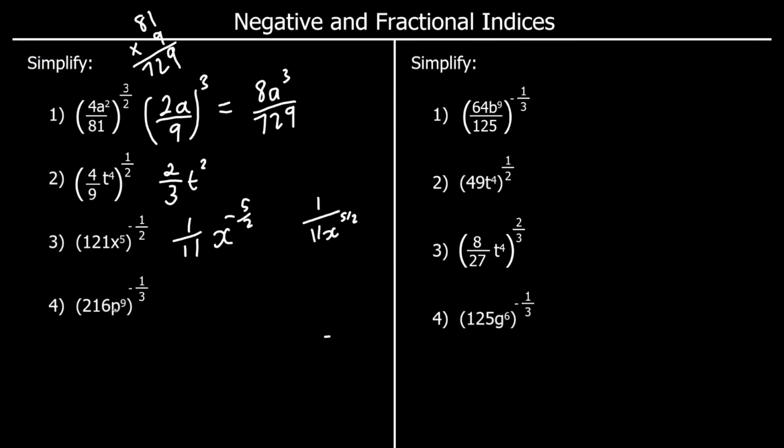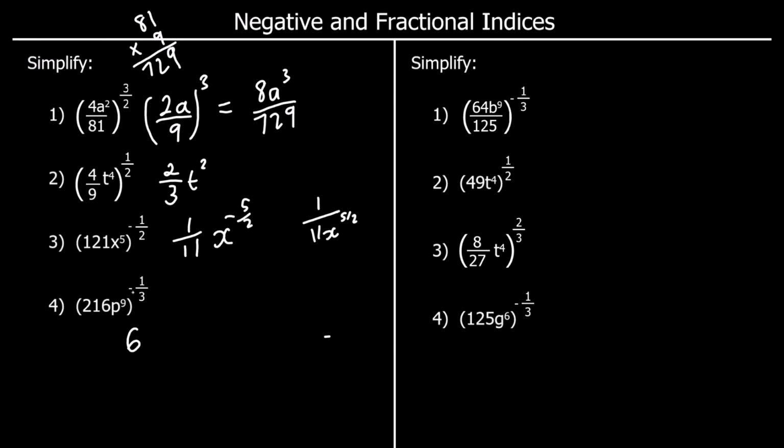And we've got a flip and a cube root for this last one. The cube root of 216 is 6. We could cube root p to the power of 9 and then flip it after, or we could just multiply the powers, either one.